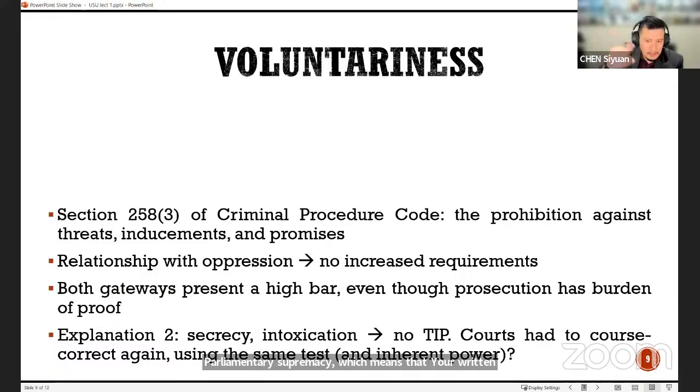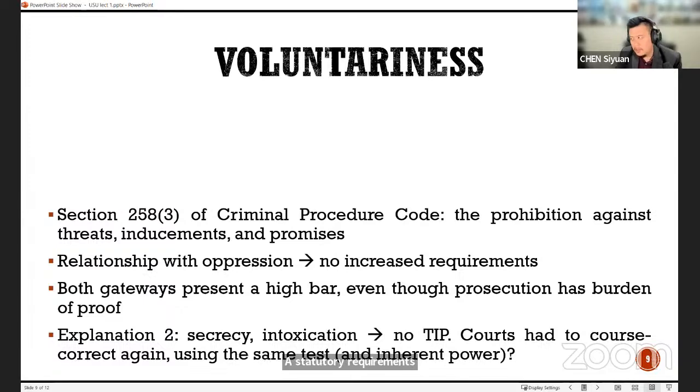The courts can't say we don't want to apply. And so what's happening here is that the court said, yes, we recognize that the Criminal Procedure Code says this thing, but we are going to rely on our own inherent power to say that we can still exclude evidence. So the idea of inherent power is interesting because it's really a very powerful way of bypassing statutory requirements.